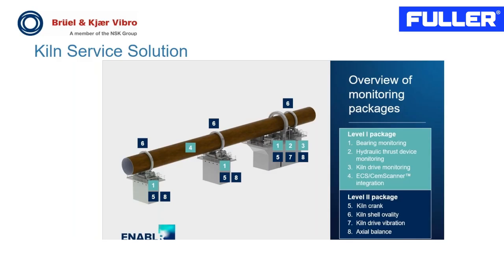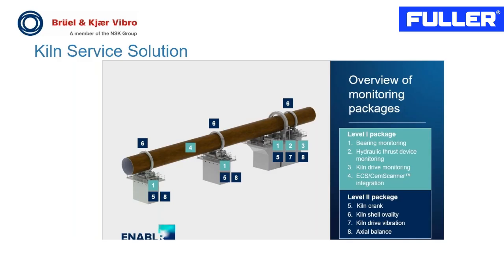Exactly, Michael. So what we've seen here is some of the selected failure modes, the theory behind it, and how we have managed to monitor it. This is part of a commercial offering that we have in FLSmith. This is an extension of what we call level 1 monitoring. This is where we do condition monitoring as a service based on the existing instrumentation that typically already exists on a modern cement kiln.